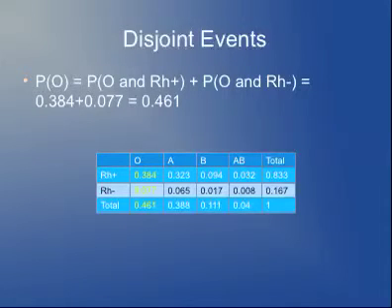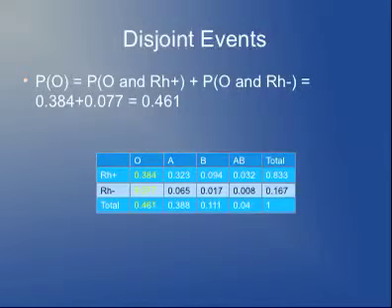Well, I guess not just independence, but also disjoint events. So say we wanted to figure out the probability of having type O blood. Well, since being Rh positive and being Rh negative are disjoint events, the probability of having type O blood is going to be equal to the probability of being O positive plus the probability of being O negative.